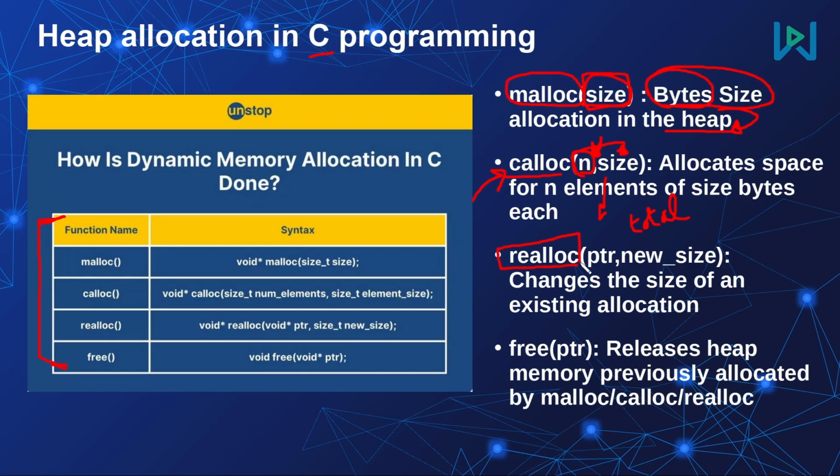Realloc, on the other hand, will take an already allocated area or buffer within our heap segment and then redefine basically the size of the already allocated section. So here we are changing the size of an existing allocation.